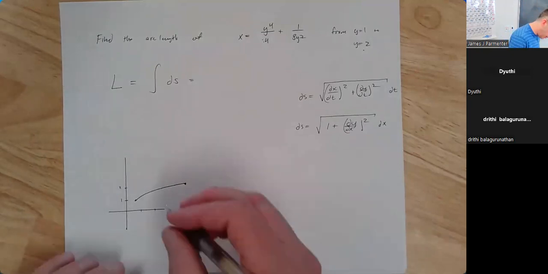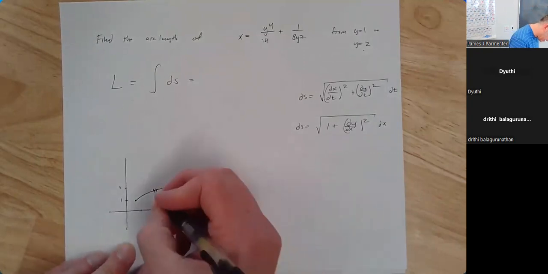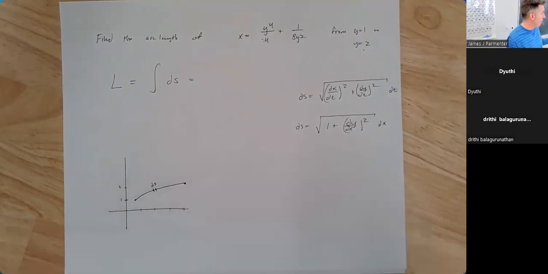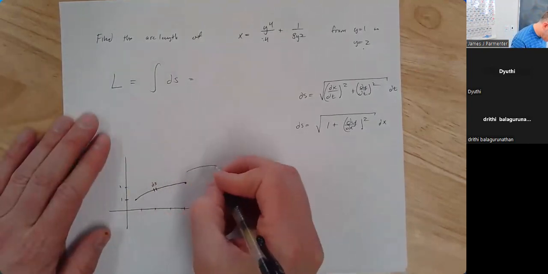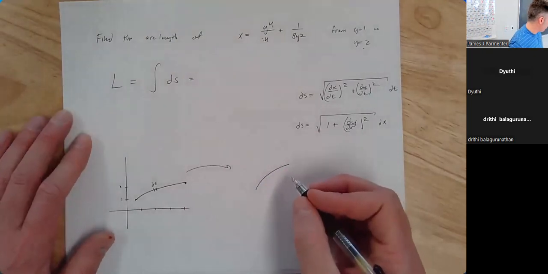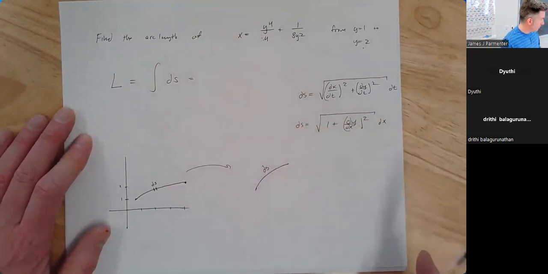And so we're going to break it up into little pieces. So that little piece right there, we're going to call that tiny little piece ds, a small change in the overall length. But the problem is, unlike previous things we've done, where we've broken things up into little pieces, usually it's been a small change in x or a small change in y. But this small change in s, well, if we blow that up, it kind of looks like that, kind of exaggerating the curve there. So there's my small change in s.